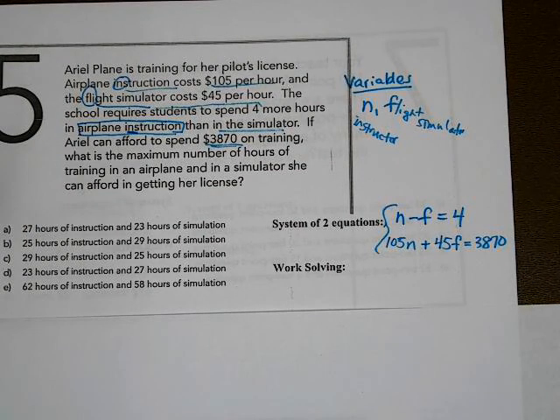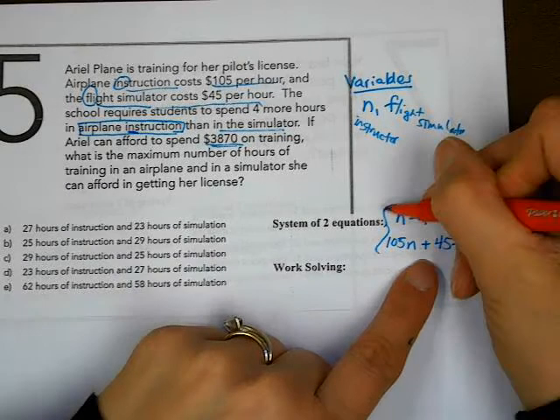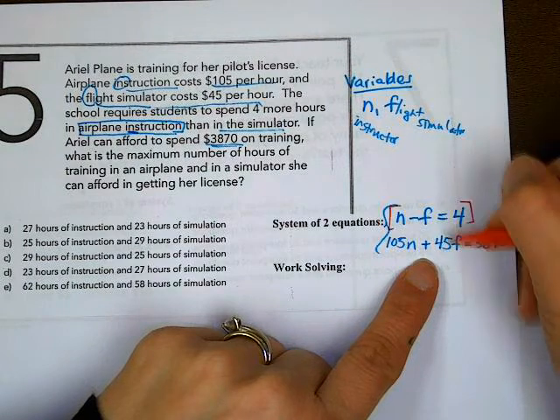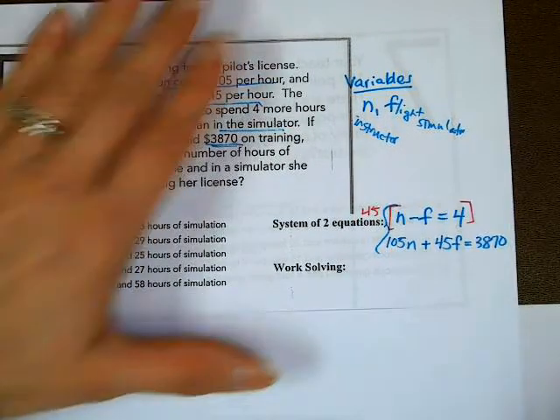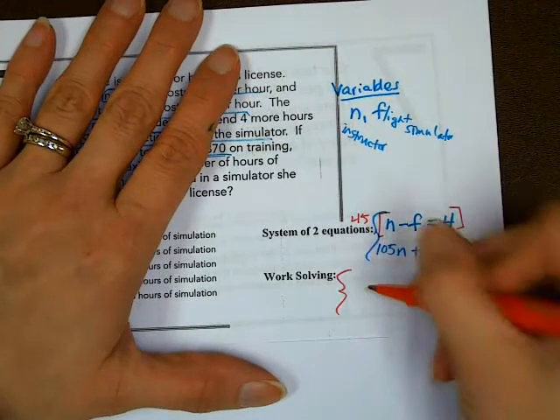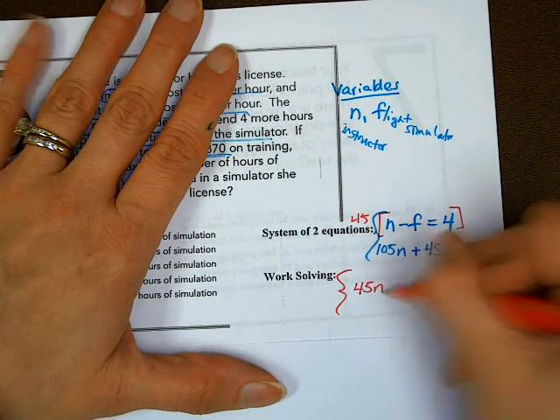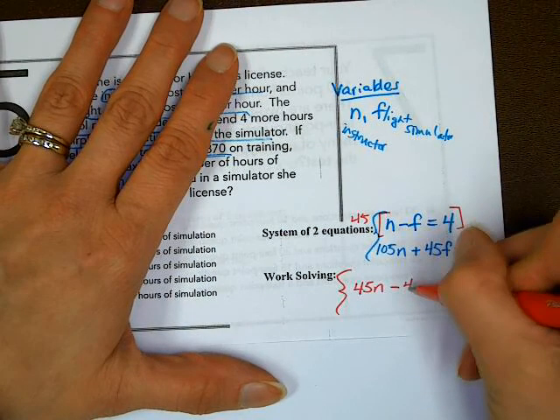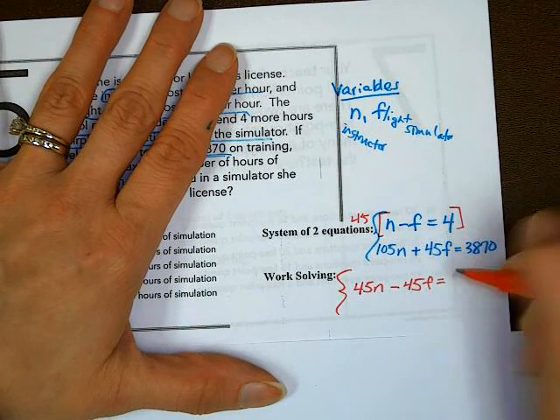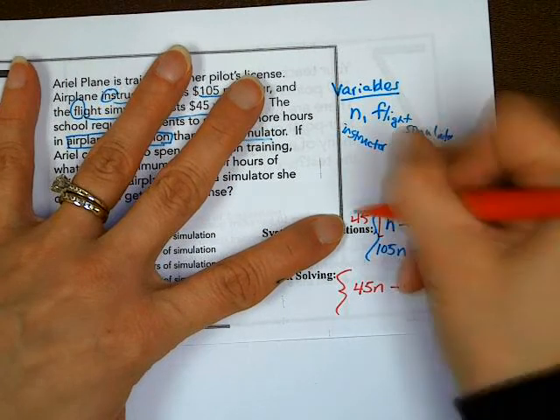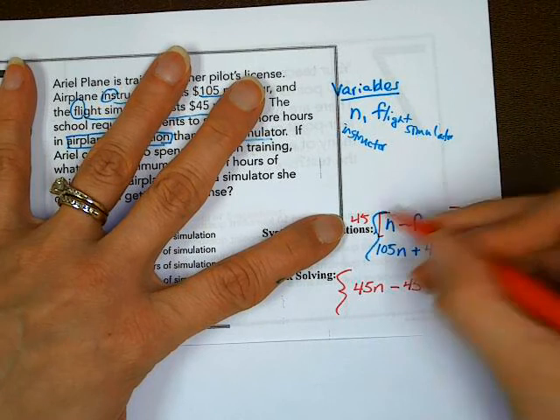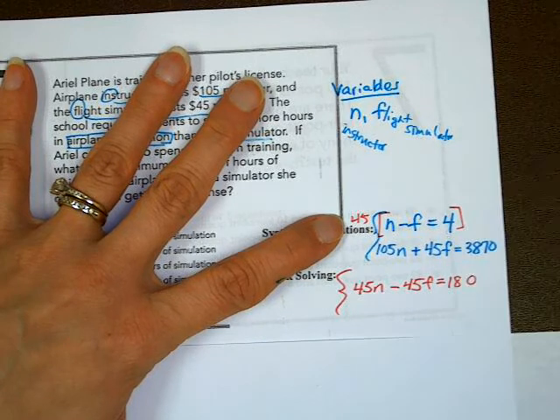Now we have to solve this. We could do elimination or we could do substitution. I always tend to go with elimination. I see a plus and a minus here, so I'm going to multiply this entire top equation by 45. Here's my new system: 45n minus 45f is equal to 45 times 4, which is 180.